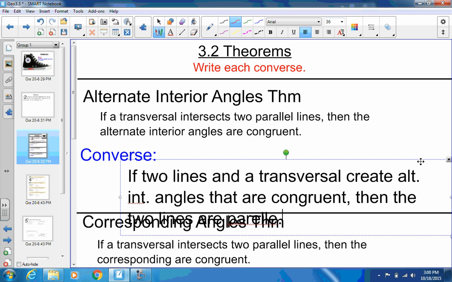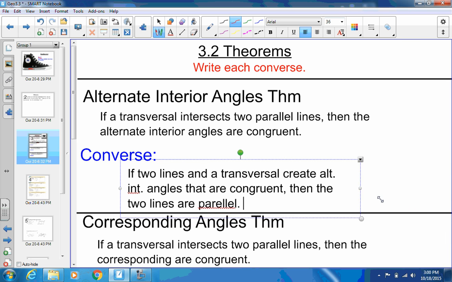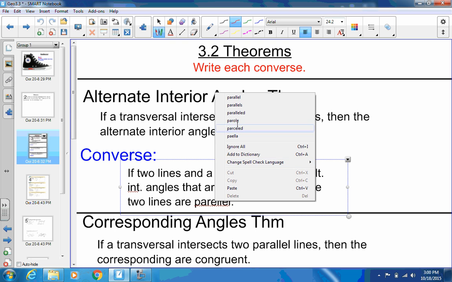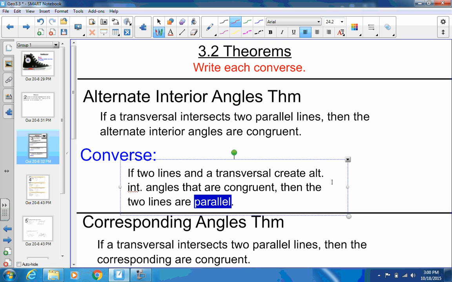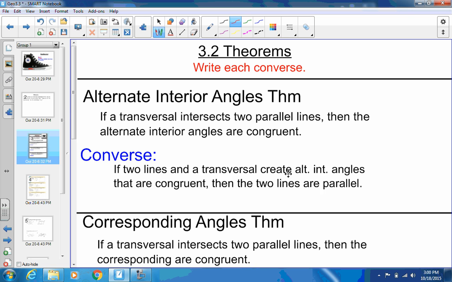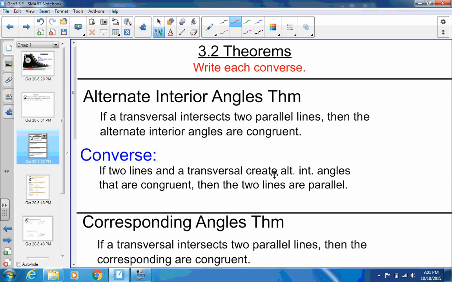So we started with if the two lines are parallel, then the alternate interior angles are congruent. Now we're saying if the alternate interior angles are congruent, then the two lines are parallel. We're just reversing it, doing the converse, and you're going to find that this is actually true. This is one of our theorems that we're going to talk about today. The converses of these theorems are true theorems.